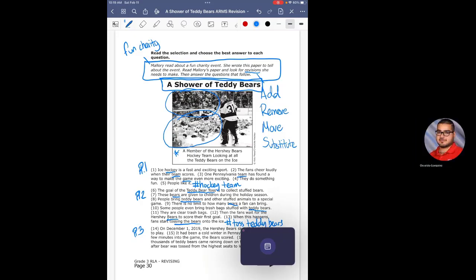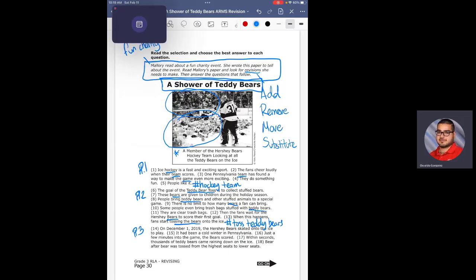Now, let's look at paragraph 3. On December 1st, 2019, the Hershey's Bears skated onto the ice to play. It had been a cold winter in Pennsylvania. Just a few minutes into the game, the Bears scored. Within seconds, thousands of teddy bears came raining down on the ice. Bear after bear was tossed from the highest seats to the lower seats. Again, it gives us here a date.